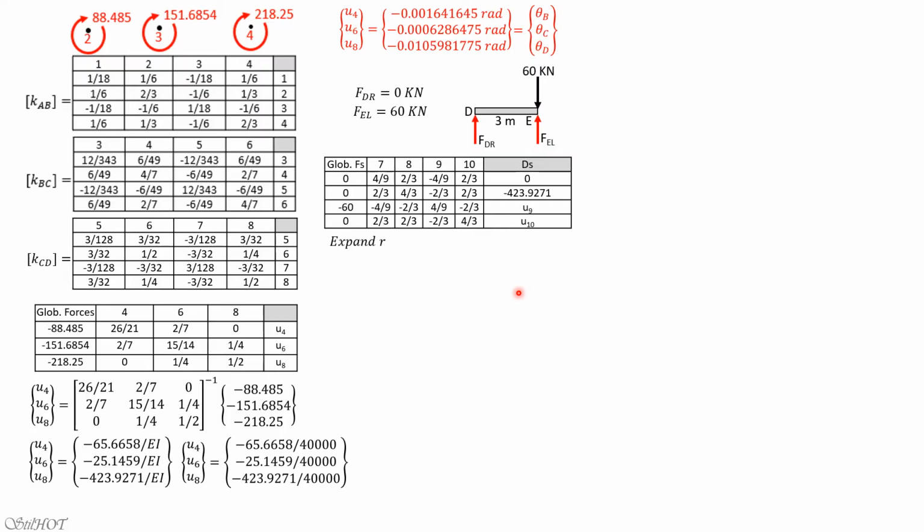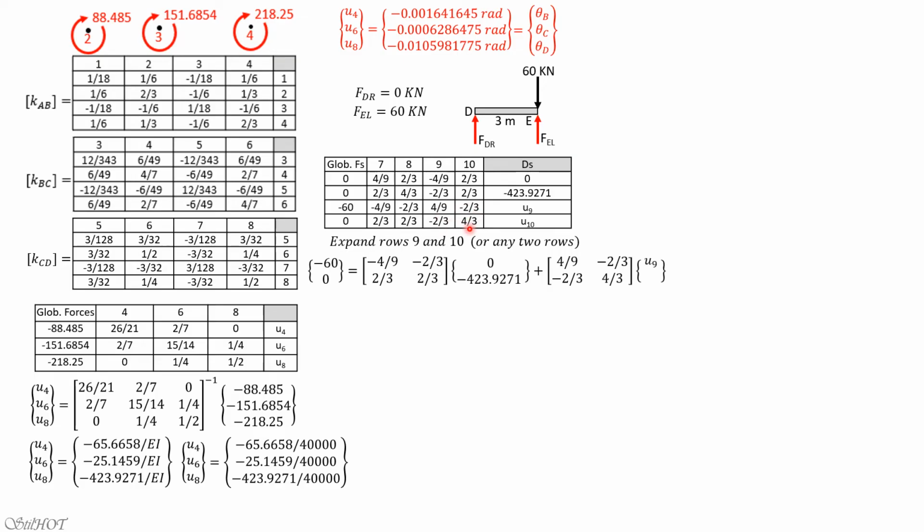So let's expand rows 9 and 10 here, although any other two rows may do so. So negative 60 and 0 then equals this matrix here times the displacement matrix which is given, plus this 2 by 2 matrix, 4/9, negative 2/3, 2/3, 4/3 times the unknown displacements U9 and U10.